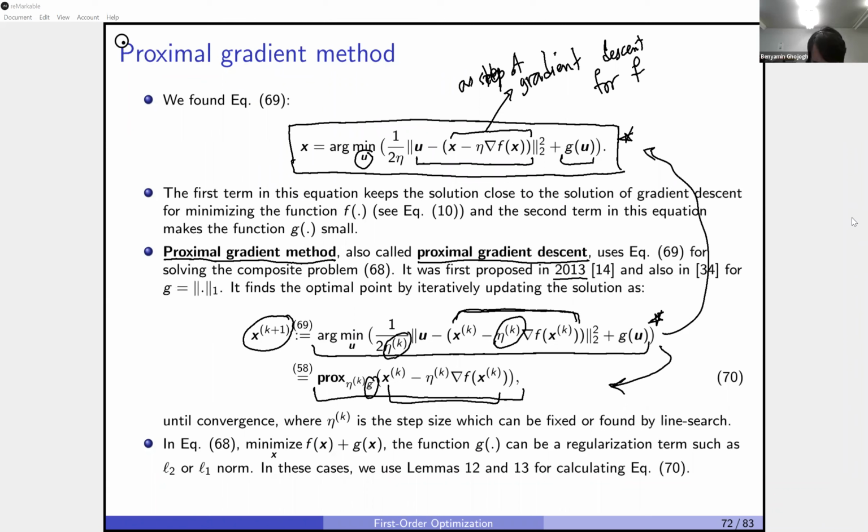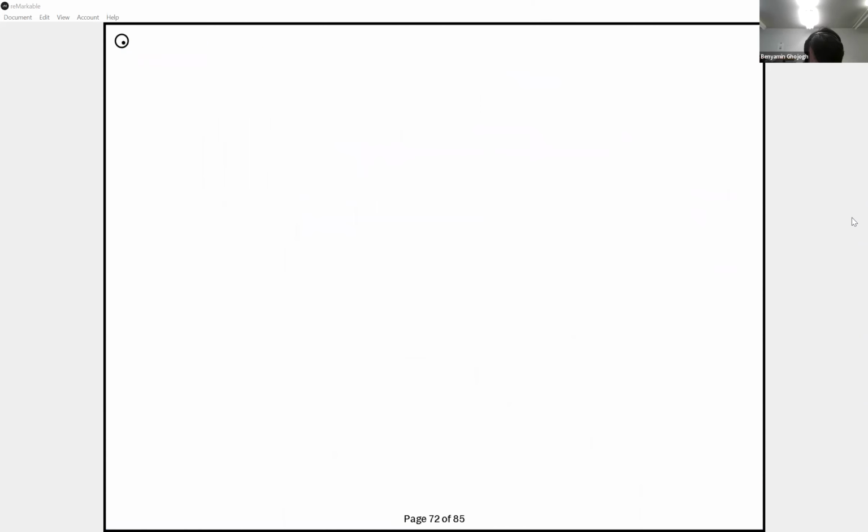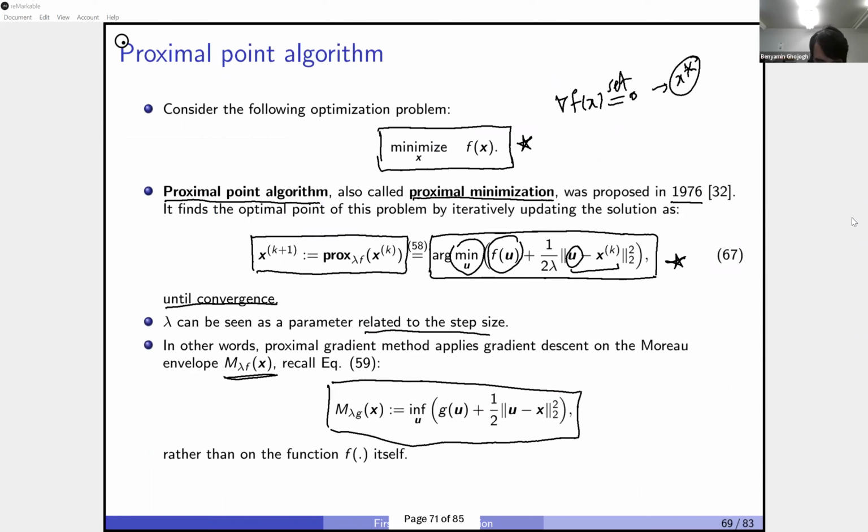By the way, I want you to note one thing. In the proximal point algorithm, it wasn't for a composite function. The proximal gradient algorithm was for the composite function. There is another interesting difference between the two.